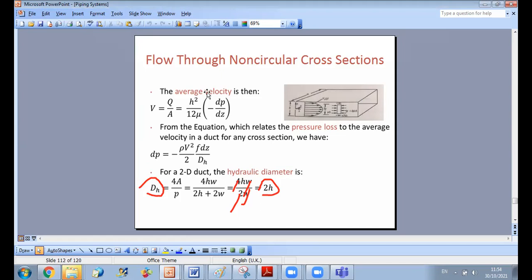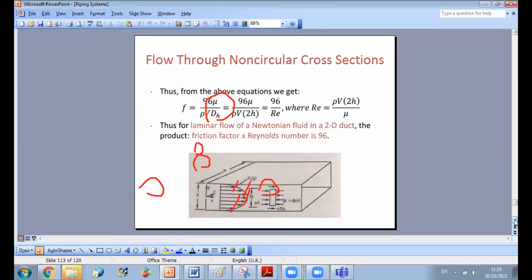you can replace dp over dz by its expression, which is Q over A times 12 mu over h square. And you have that dp over dz is a function of the friction factor. And if you replace the hydraulic diameter by its value, you can get a relation between the friction factor and the Reynolds number.